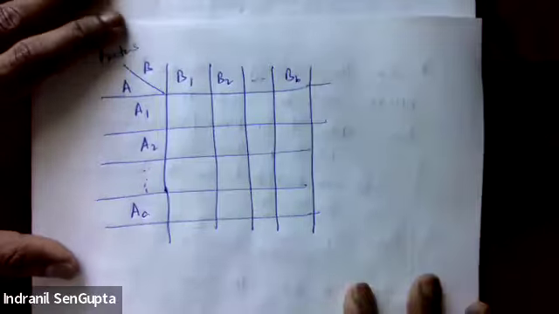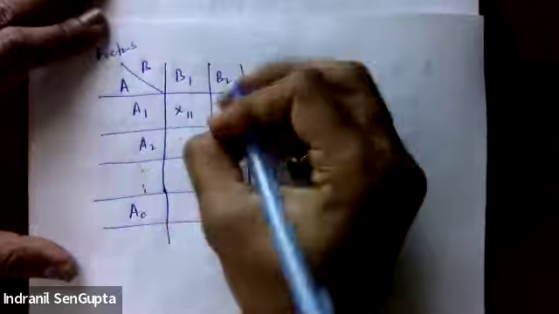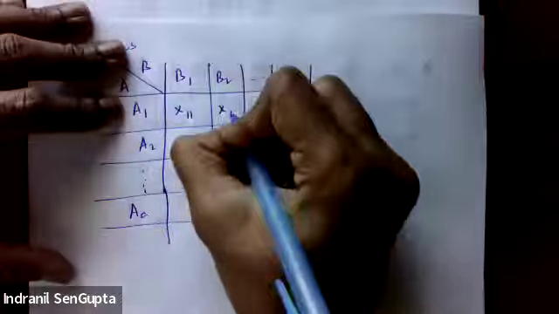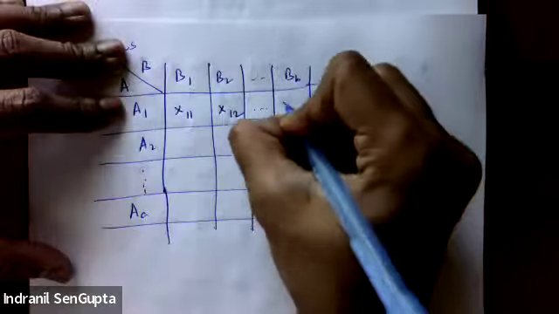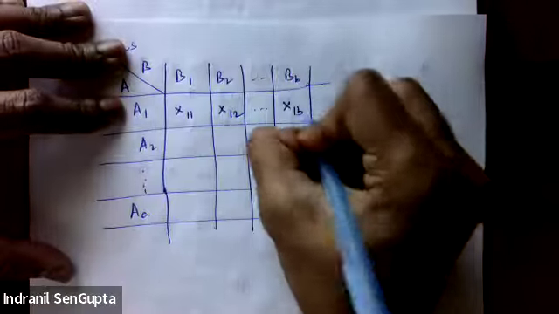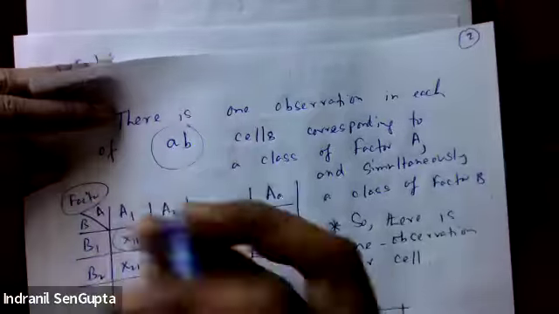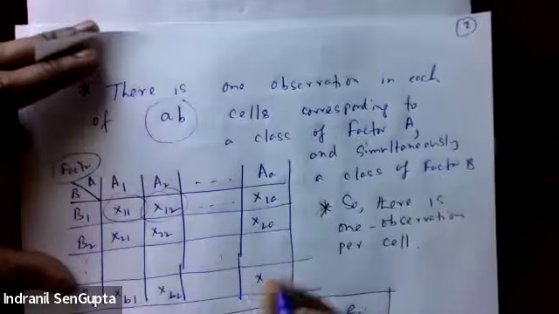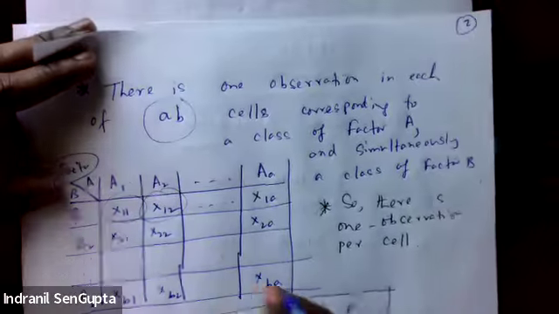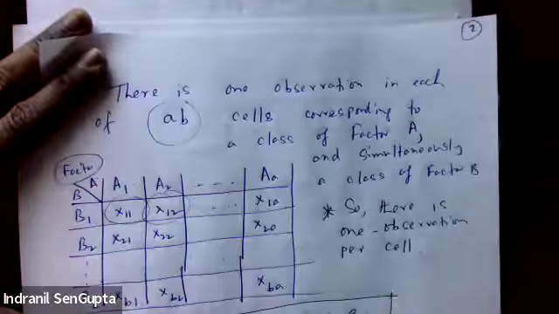So here the values, I'll write this x11, x12, x1b. That is more like in this notation. So let me just write here what I drew before. Let me delete this picture, because otherwise it will be very confusing.